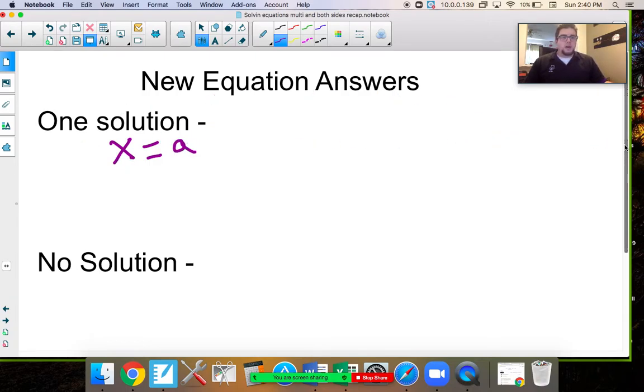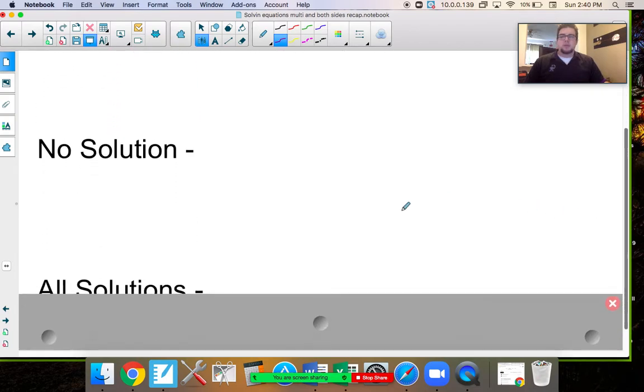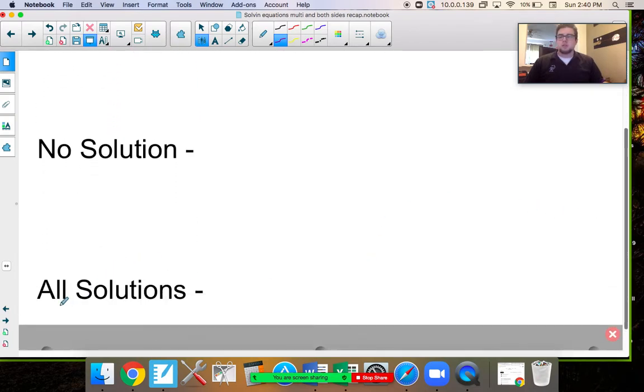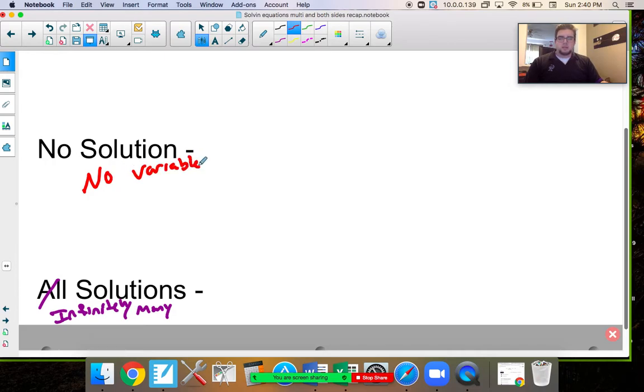X is this number right here. But it's also possible now for there to be two more. No solution and all solution, also known as infinitely many solutions. You may see it two different ways depending on what kind of text you're looking at. So no solution, what happens is there's no variable present in the end.